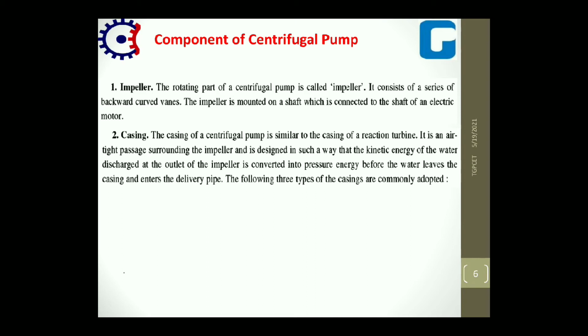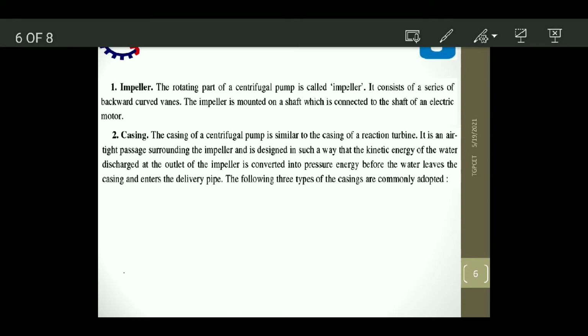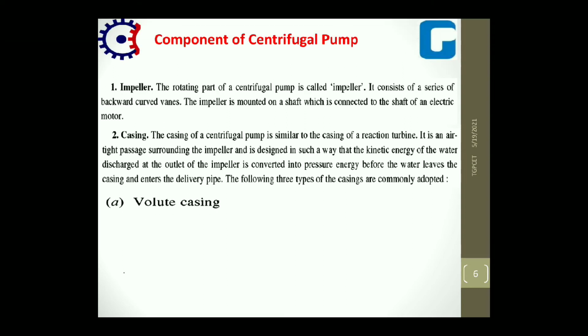Now the following three types of casing are commonly adopted. First is volute casing, second is vortex casing, and third is casing with guide blades. First of all, I am telling you the working of volute casing. It is a spiral type in which area of flow increases gradually.